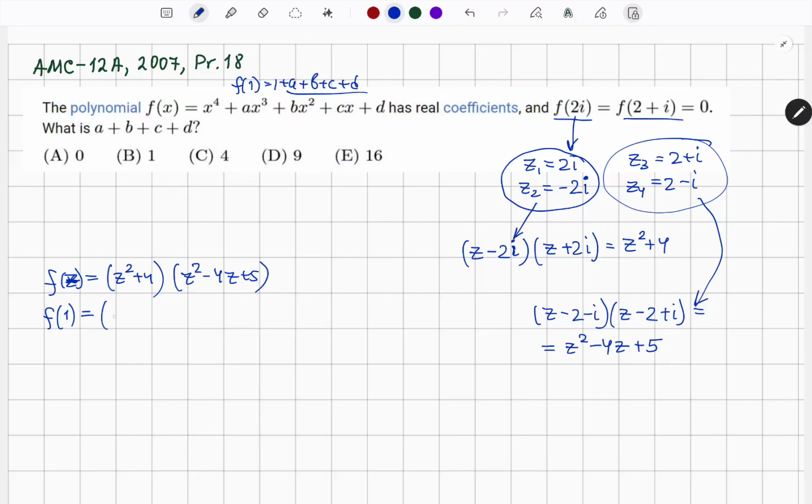It's 1 plus 4, it's 5. 1 minus 4 plus 5, it's 2, so it's 10. Am I right? Let me check. 6 minus 4 is 2, 2 times 5 is 10. So f of 1 is 10. But f of 1 is 1 plus a plus b plus c plus d. So a plus b plus c plus d is equal to 9.